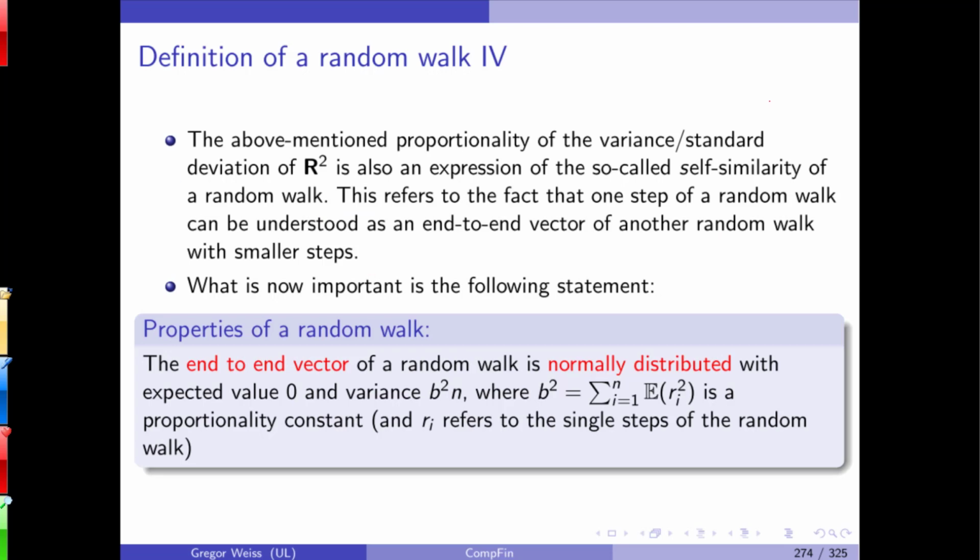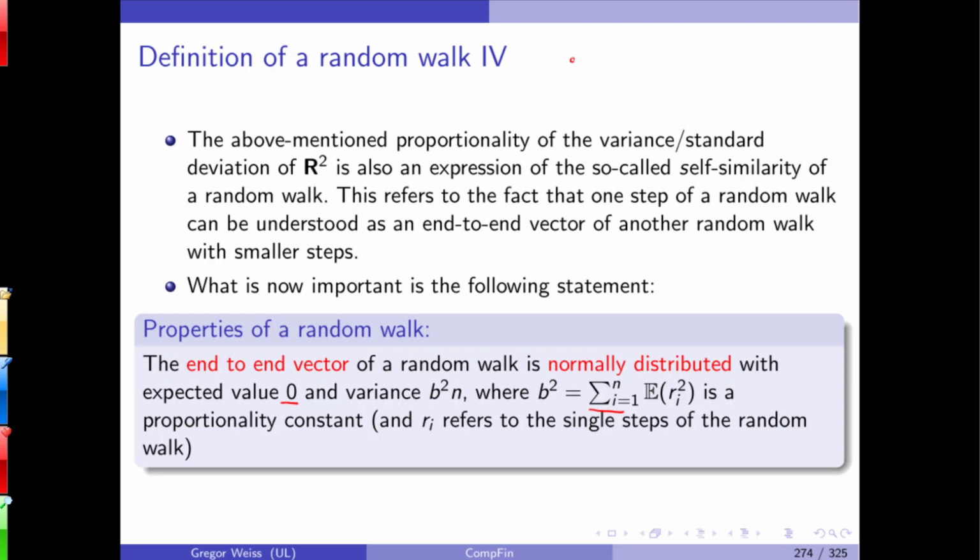Now, what else do we know about the end-to-end vector of a random walk? The end-to-end vector of a random walk is normally distributed with expected value 0, and variance b squared times n, where b squared is, as you can see, the sum of these expected squared step lengths of the single steps.